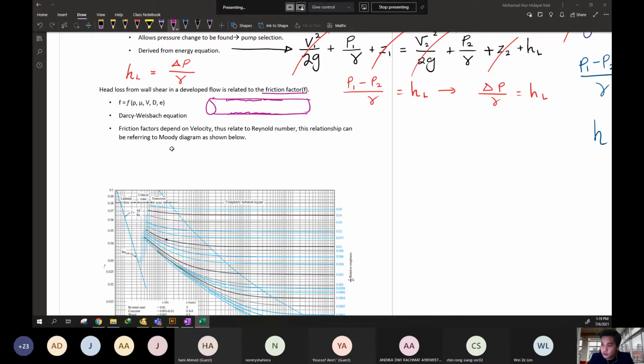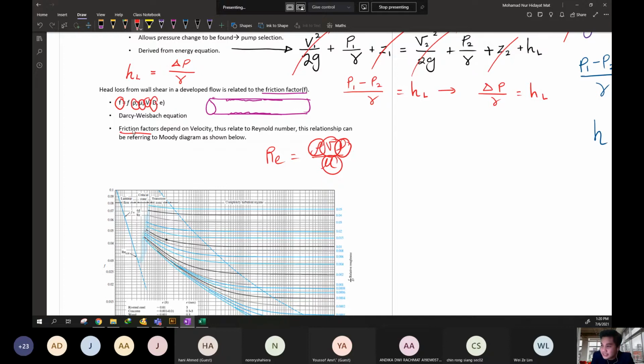So the friction factor depends on the velocity, and you know that velocity is related to the Reynolds number. What's the Reynolds number? Reynolds number is rho V d over mu. You can see friction factor depends on velocity, density, viscosity, and the diameter.